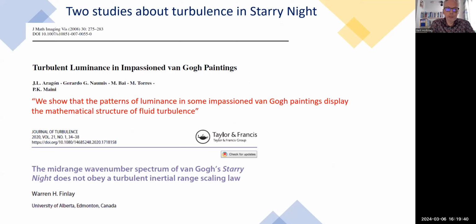The first one is by Aragon and cohorts, which was published in 2008, which actually analyzed the light of starry nights, and on the basis of light properties, they concluded that the structure of the starry night waves, which are the motions which are depicted, resembles the mathematical structure of turbulence as you can see in fluids, like in the atmosphere.